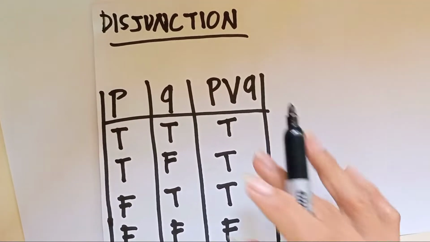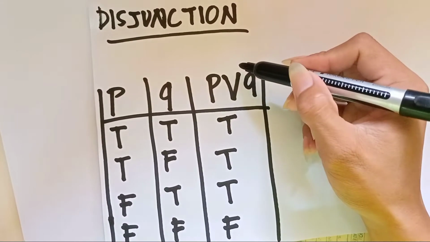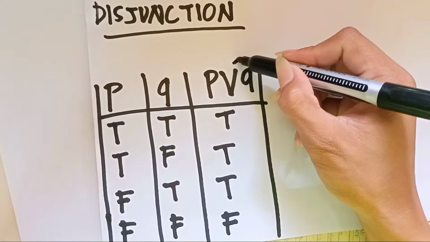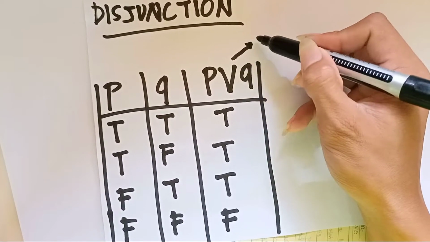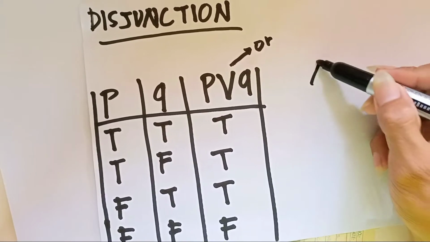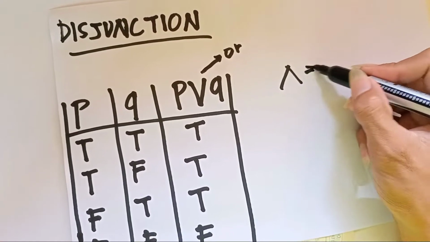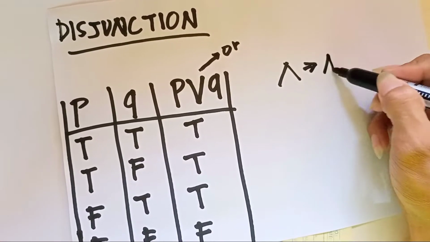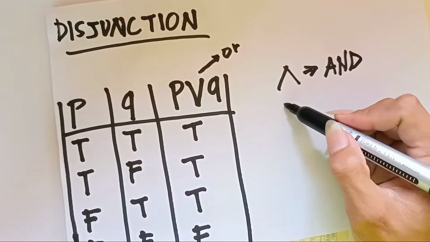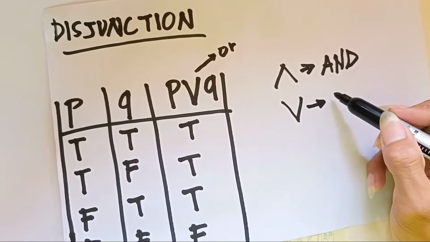Another thing is the disjunction. First things first, this connective is called or. When it looks like this, the connective is equivalent to and, as it is read. Then when the sign of the connective is like this, it is or.